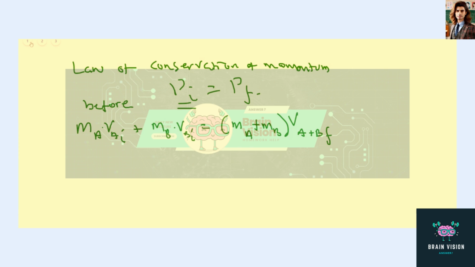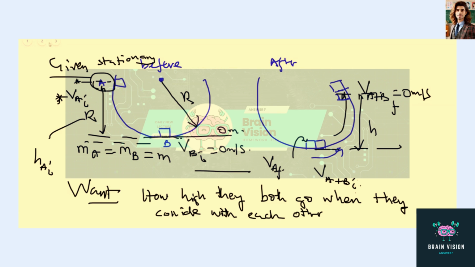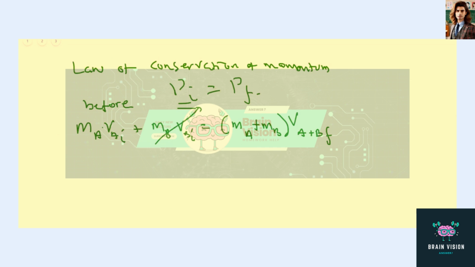And remember, the initial velocity of B is 0, so this part is going to be 0. And then we want to compute the combined velocity. That's our target.